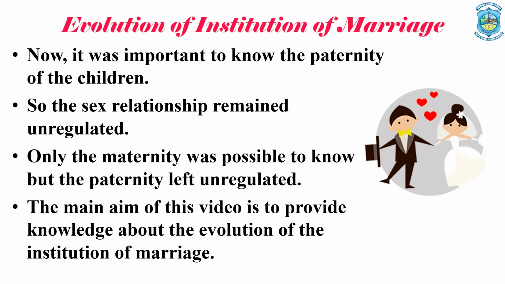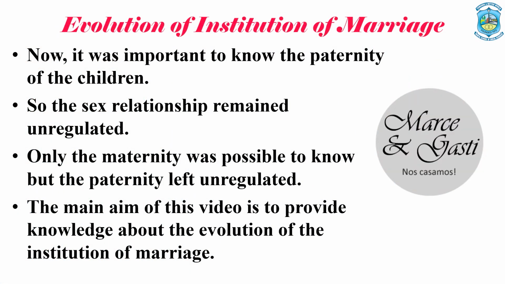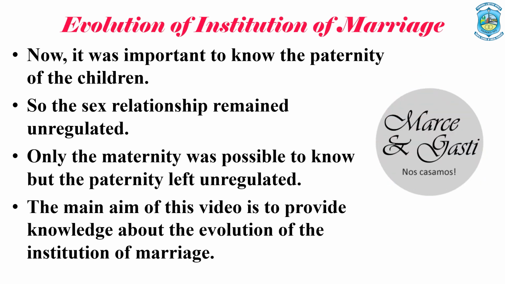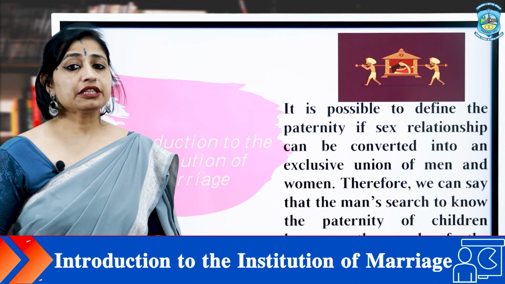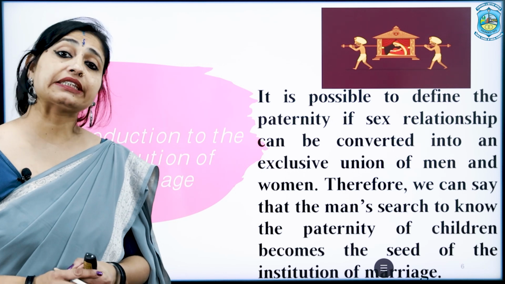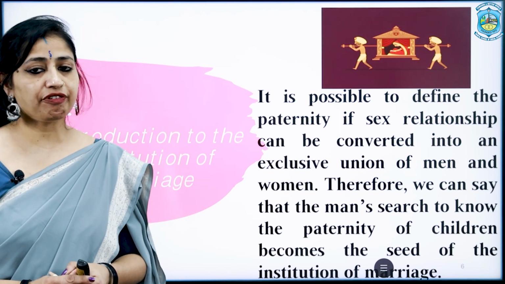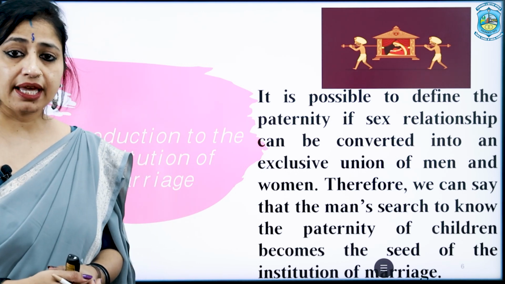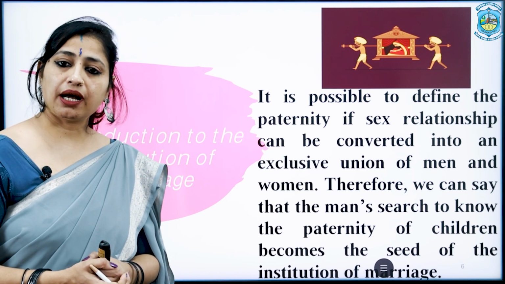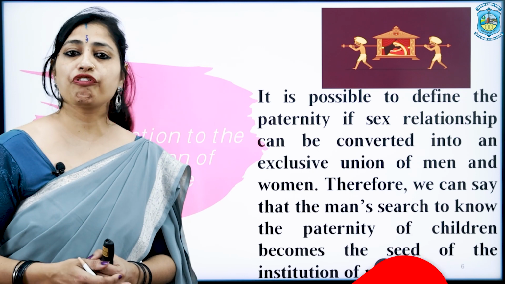The main aim of this video is to provide the knowledge about the evolution of the institution of marriage in our Indian society. It is possible to define the paternity if the sexual relationship can be converted into an exclusive union of men and women. Therefore, we can say that the man's search to know the paternity of children becomes the seed of the institution of marriage.